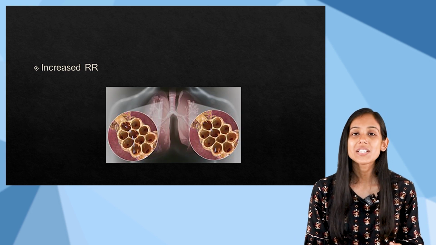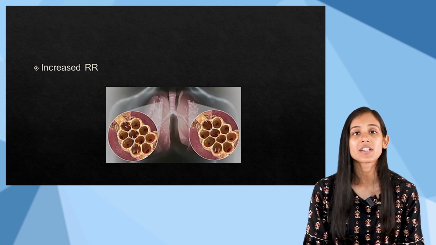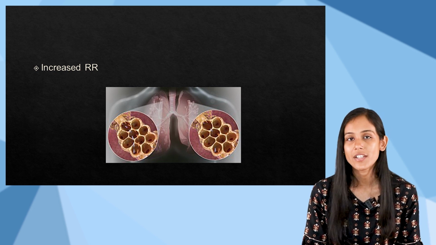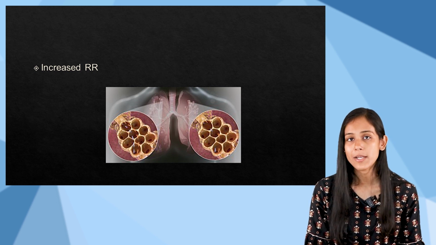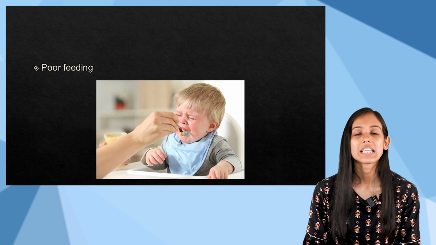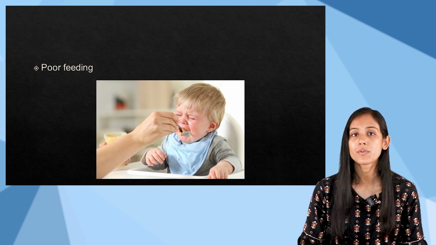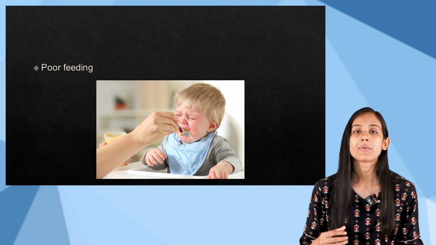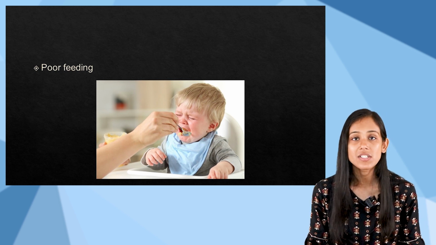There will also be increased respiratory rate. Again, the reason is the same, because there is no oxygen going into the circulation. The tissues, the cells, the organs aren't receiving any amount of oxygen. So there will be increased respiratory rate. And also, as the cells aren't receiving oxygen, there would be poor feeding, because to feed, the child needs to burn some energy, right?